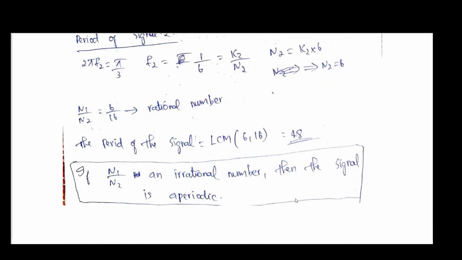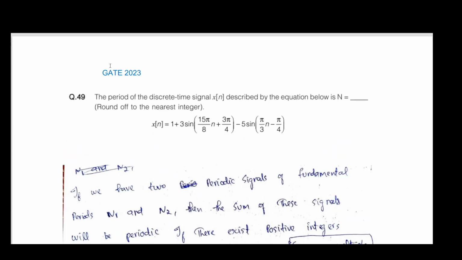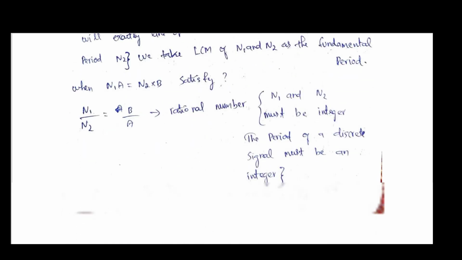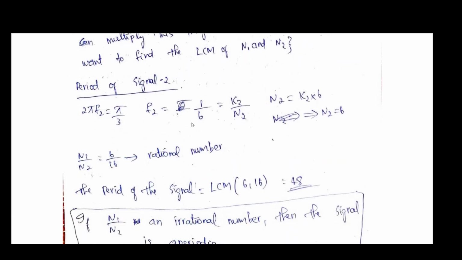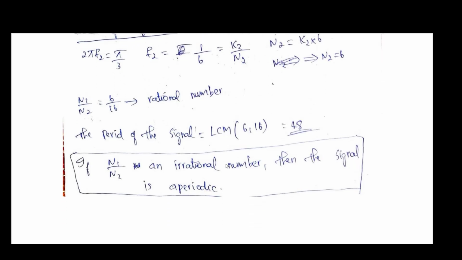So the answer for the question that we are discussing here is 48, because it is the least common multiple of 6 and 16, where 6 is the period of the second signal and 16 is the period of the first signal.